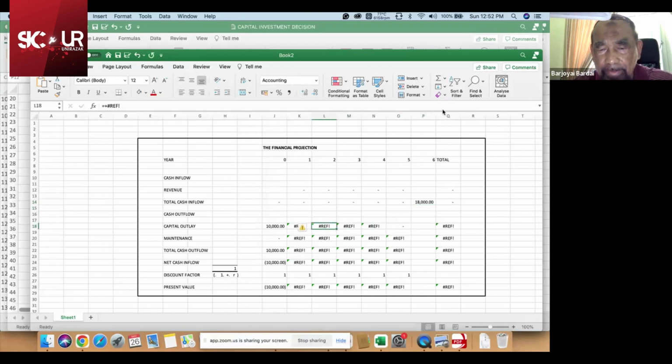Capital outlay 0, and maintenance is not relevant.